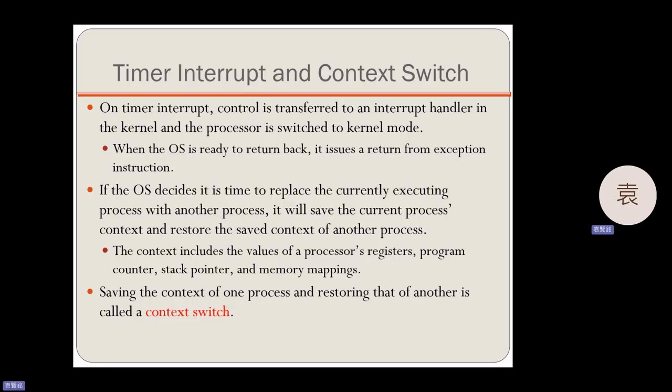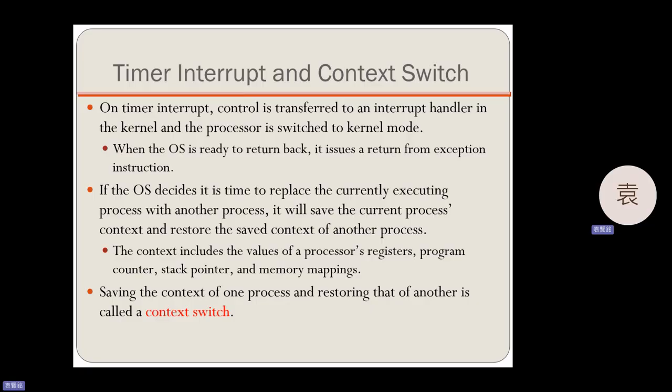Either back to the original process, or, if it's time to switch to another process, then not only do you need to save the context of the running process, you also need to restore the previously saved context of another process.